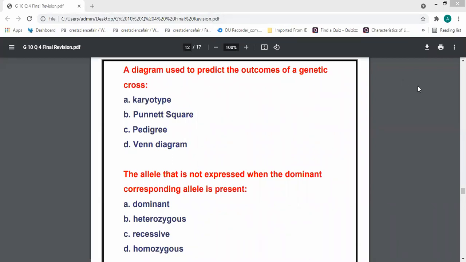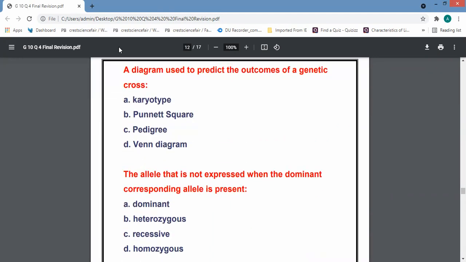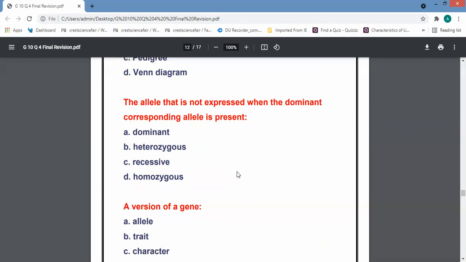A diagram used to predict the outcomes of a genetic cross. Who can answer this question? Punnett square. The allele that is not expressed when the dominant corresponding allele is present.